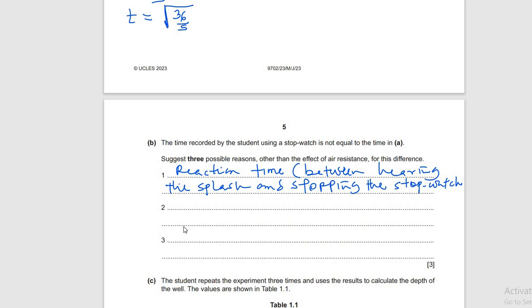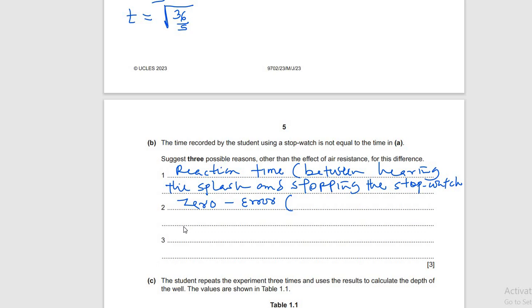Now, the second reason is most likely zero error. As you all know, zero error is always a result of an instrument that is not properly calibrated, which means there's some instrument that's supposed to start from zero, but they either start above zero or below zero.